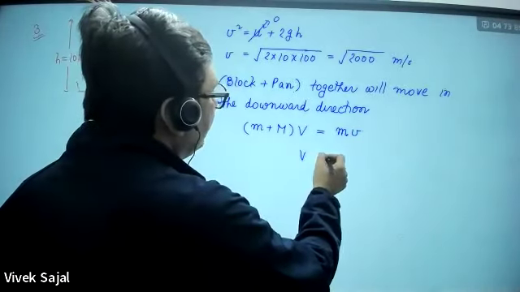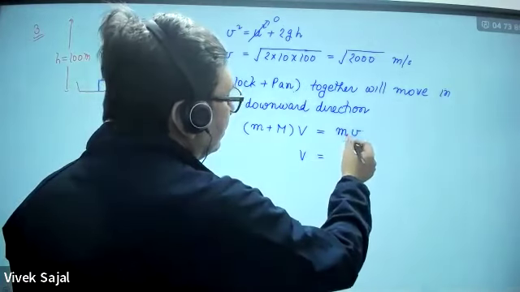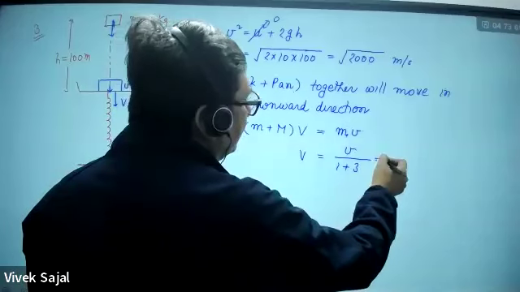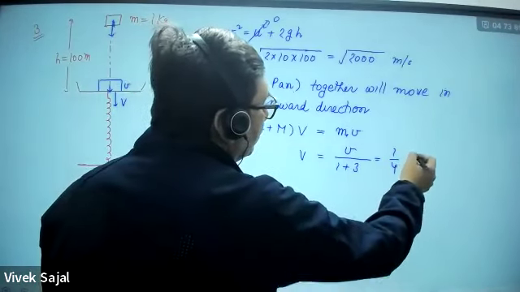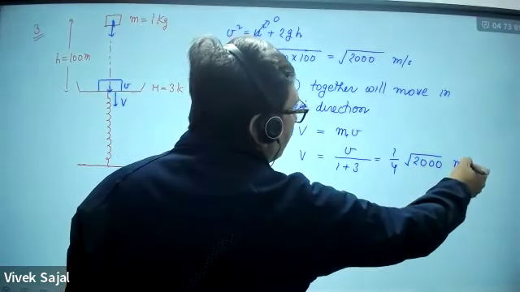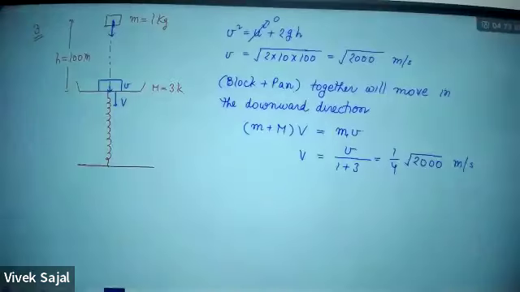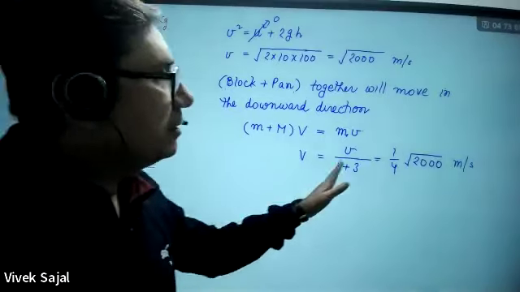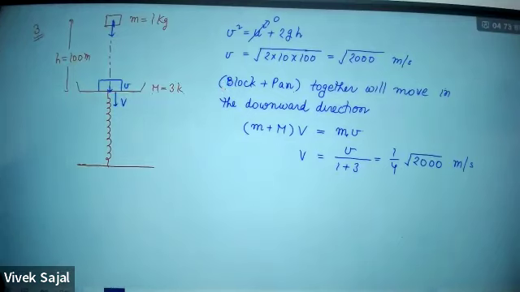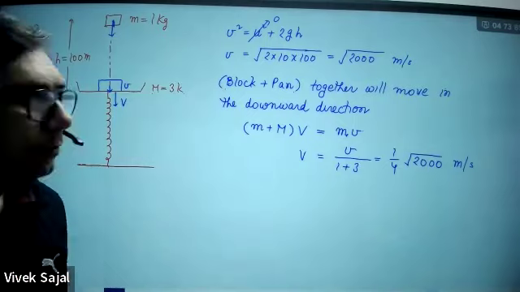So what will be this v? m is 1 kg, so v will be 1 upon 1 plus 3, that is 1 by 4, square root of 2000. So v will be 1 by 4 square root of 2000 meter per second with which block plus pan is going to move in the downward direction. Is it clear up to this point? Yes, sir.